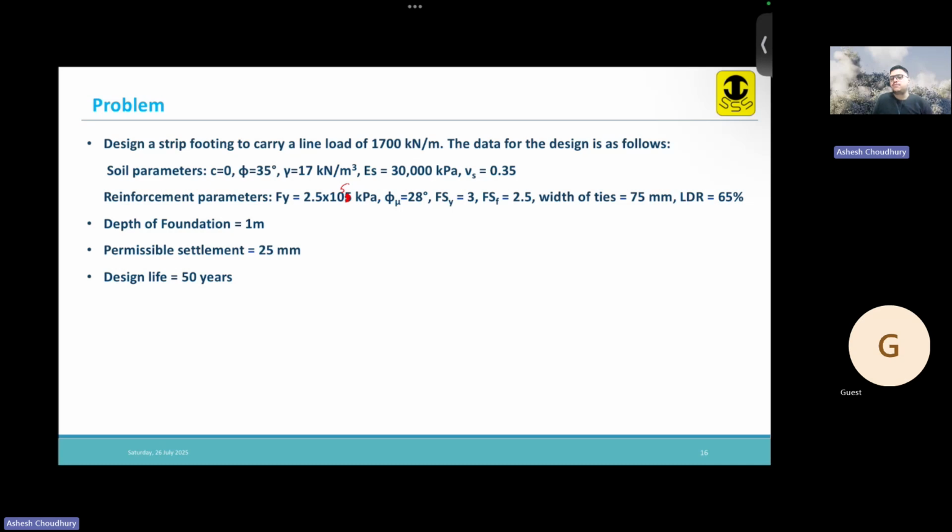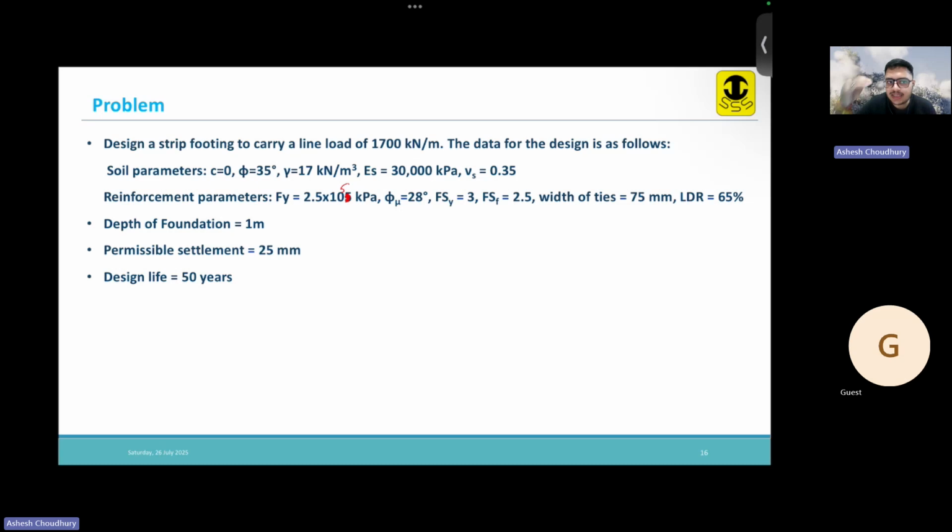Now this is a design problem, so we have to make some assumptions. What are the assumptions that we have to make?